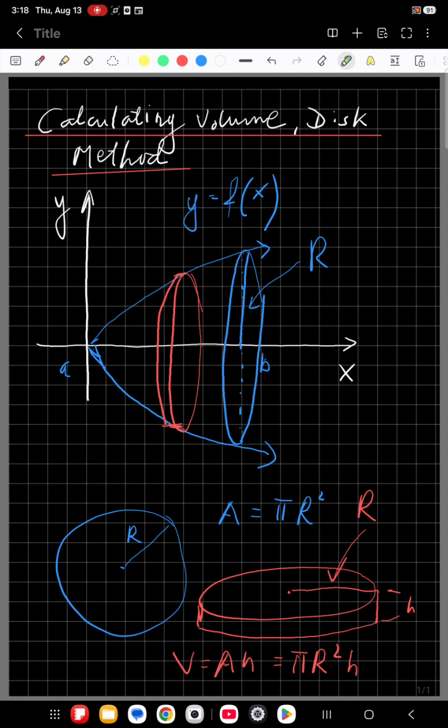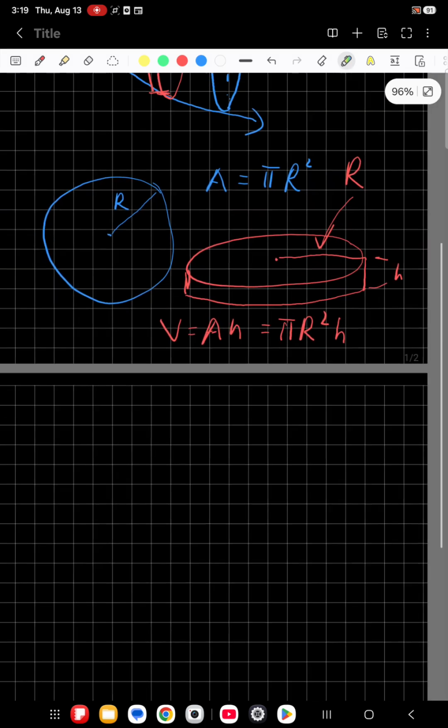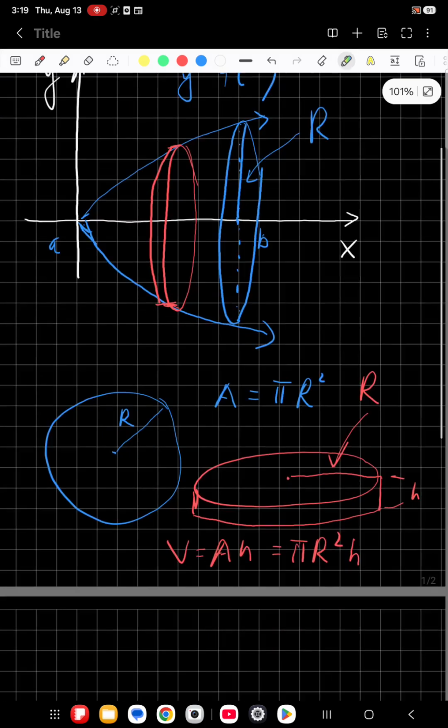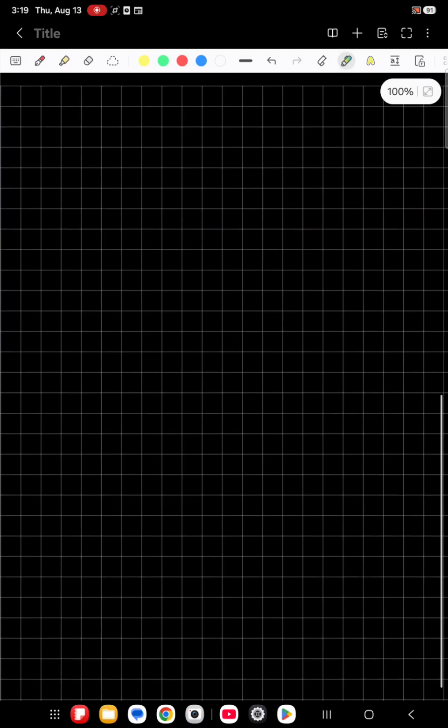The bigger the radius, the bigger the volume of those disks. And of course, we're in calculus, so we'll have an infinite number of those disks. But for now, let me just write it as a sum.